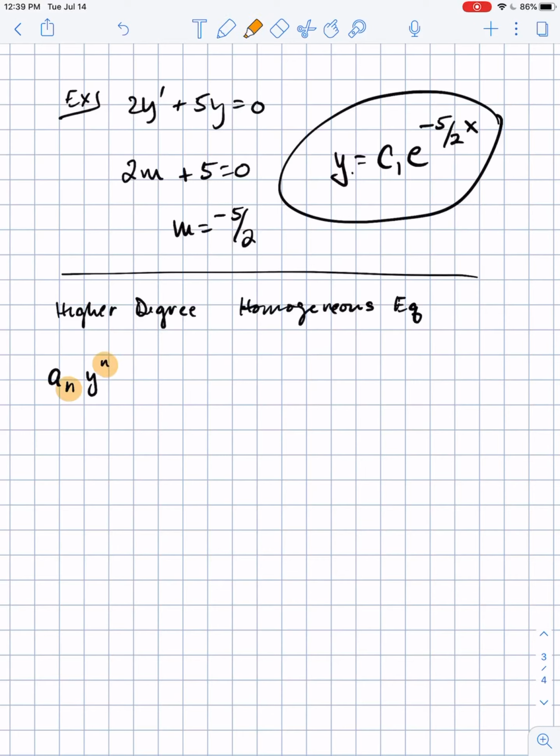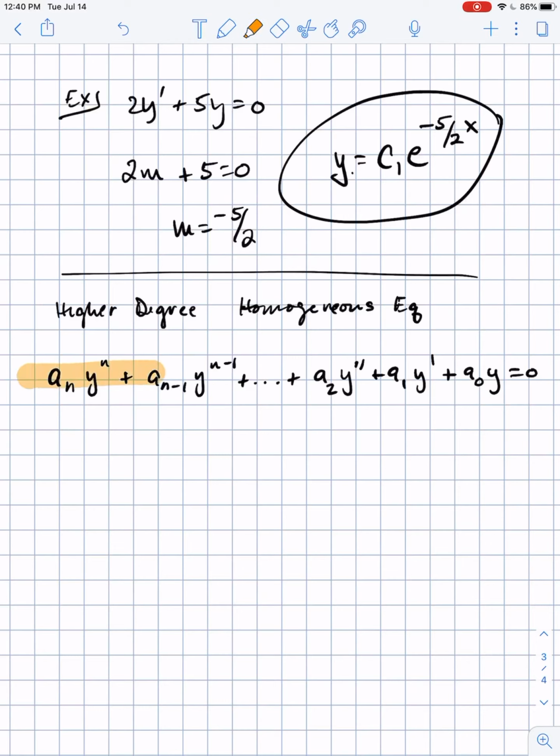So whatever your coefficient in front of that, it just goes with that nth derivative. And then plus, it just decreases to a sub n minus 1 with the next derivative down, plus dot dot dot, and you can see how they all match up, and it equals 0. So you're going to get equations that look something like this.